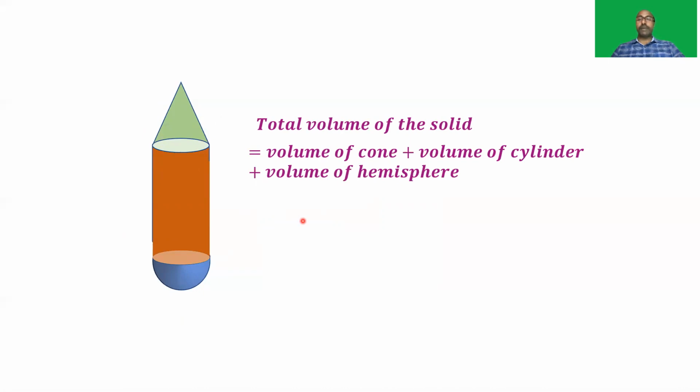Here we have to remember one thing: while finding the curved surface areas of combinations of solids, we may not be able to see some faces of the objects we have taken. But coming to the volumes of the solids, the total volume is equal to the sum of the volumes of all objects we have taken.